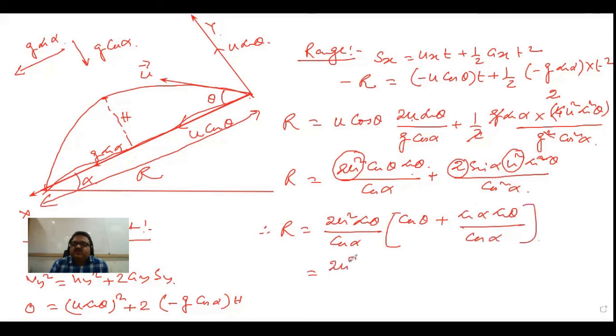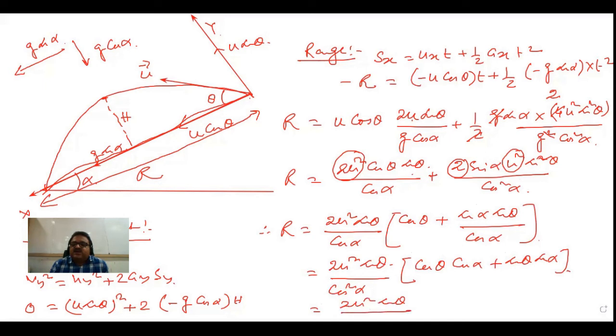Therefore, 2u square sine theta by cos square alpha, cos theta cos alpha plus sine theta sine alpha, that is equal to 2u square sine theta by cos square alpha, and this is cos of a minus b. Correct? So this is the thing.